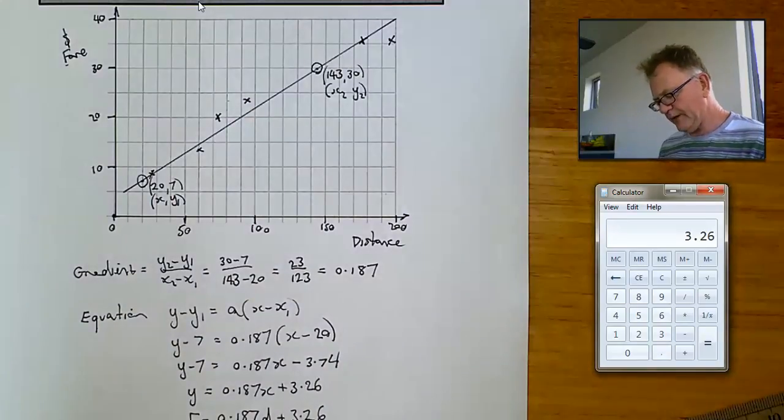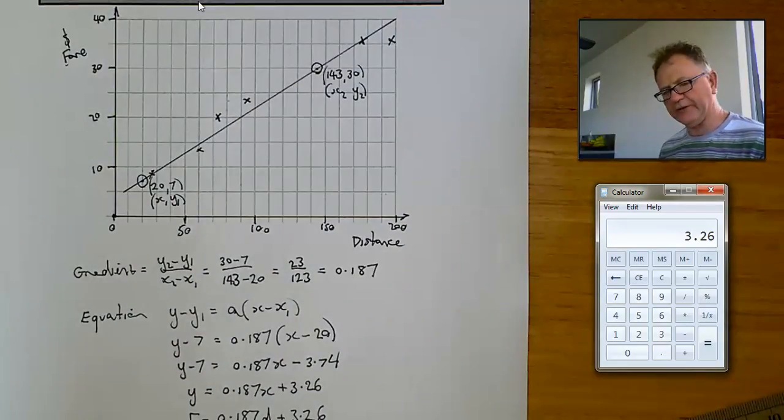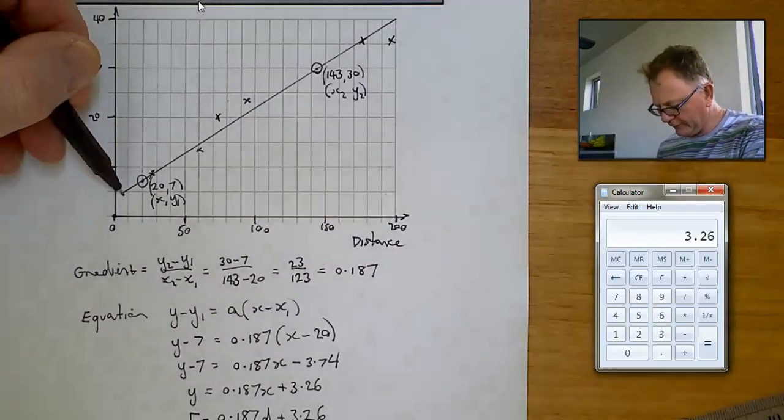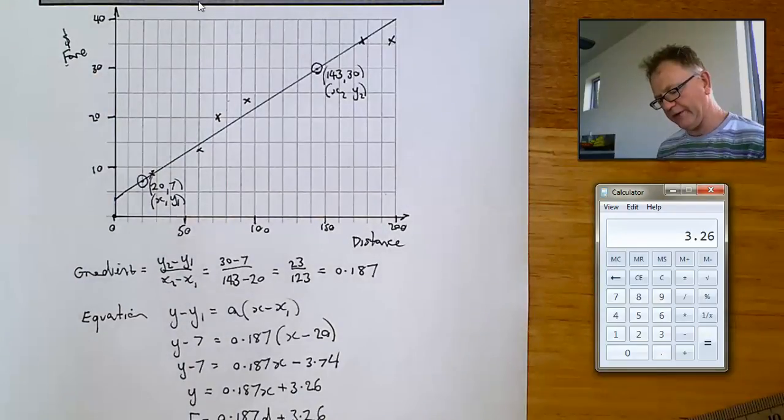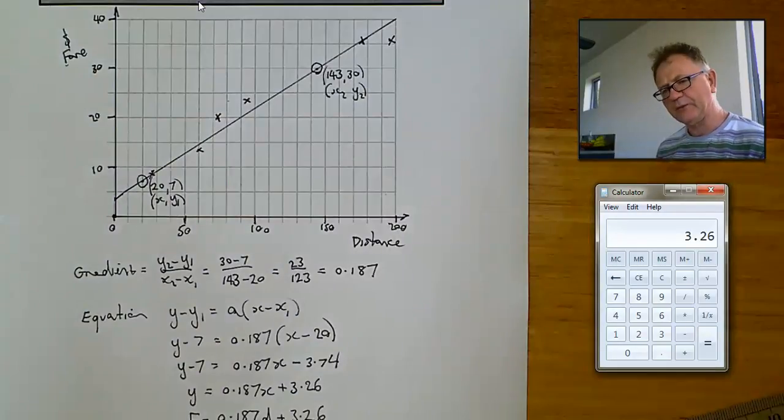These values here, the significance of these values is quite interesting. The 3.26, of course, is the y-intercept. If you extend this graph on, you don't have to go very far. It will go through the y-axis at 3.26, but what it actually represents is the fare is $3.26 even for no kilometres.